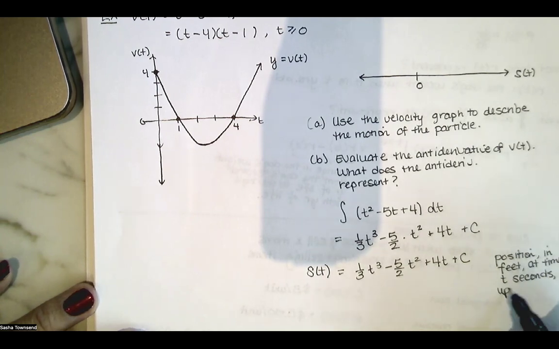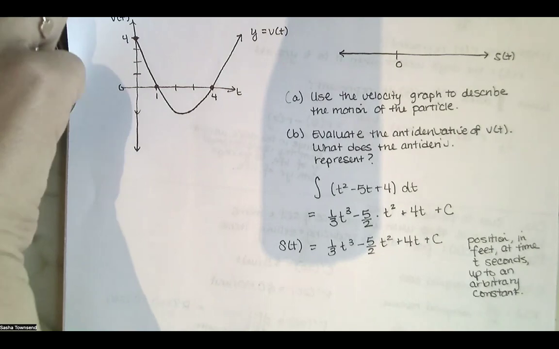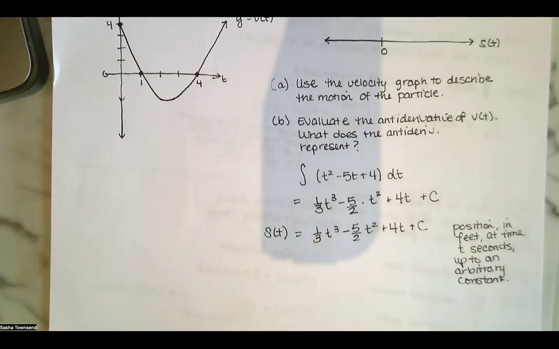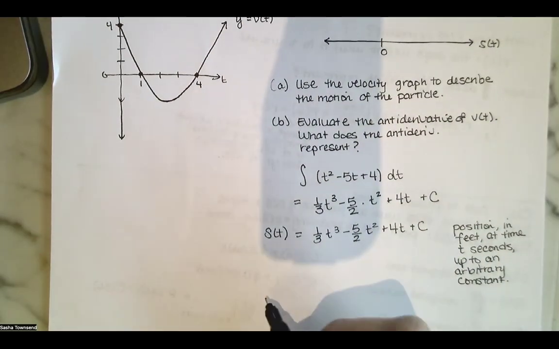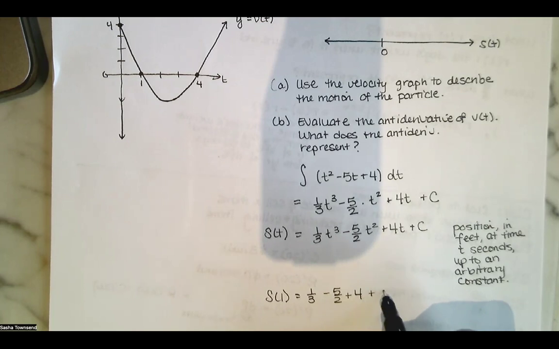I'm going to say up to an arbitrary constant. So again, it's not a very good position function, is it? Because if you told me, well, where are you located at t equals 1 second? I would evaluate s at 1, and I'd get 1/3 minus 5/2 plus 4 plus c.